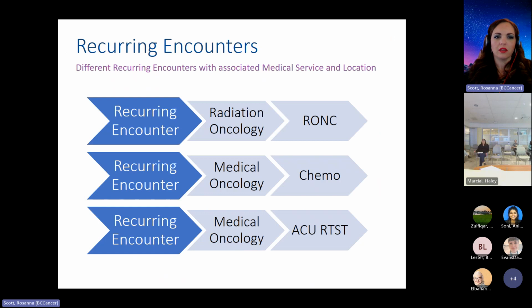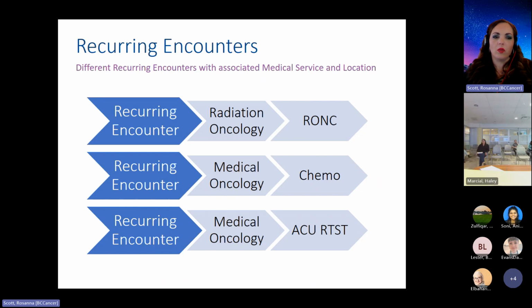So during her treatment, there are multiple recurring encounters open at the same time. So this is why, again, it can look confusing if you're just looking at the encounter type. We need to also look at, okay, we've got a recurring encounter, but it's for, say, the radiation treatment. So we have the radiation oncology medical service in the right location, and that would be the correct encounter.